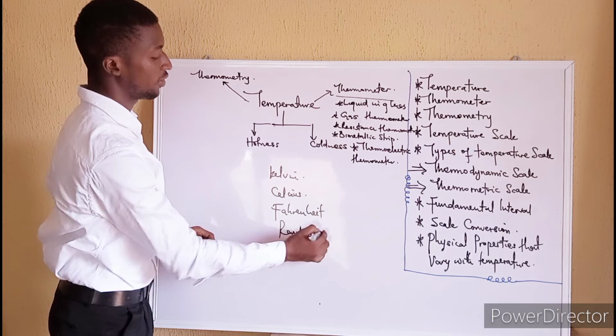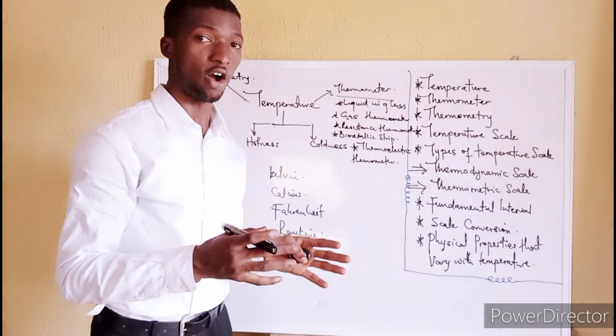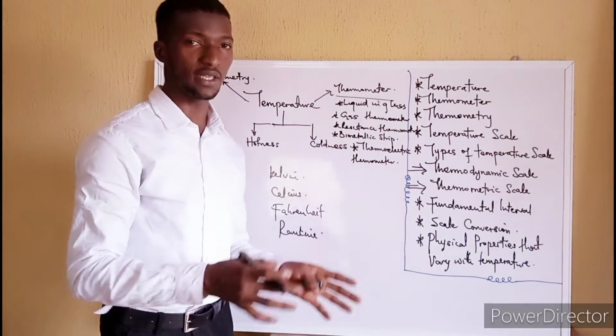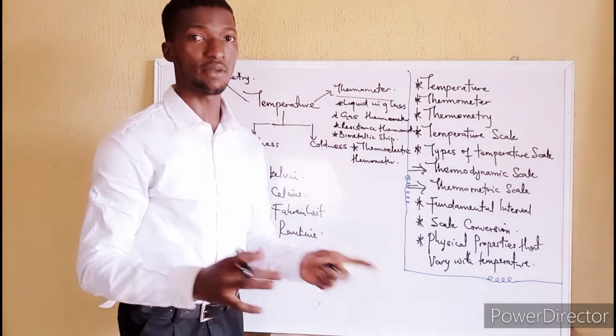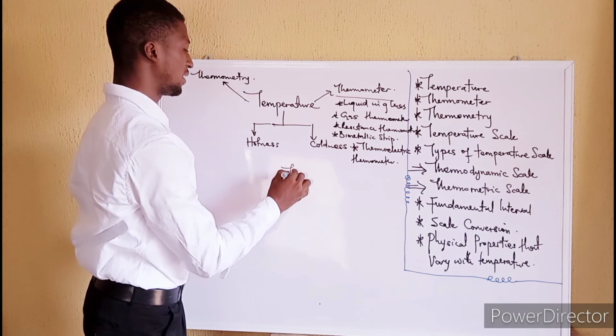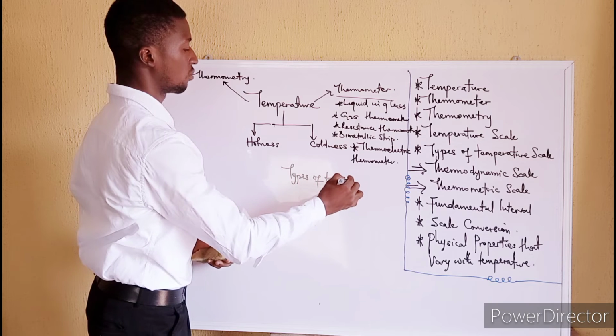So these are different temperature units that may be applicable. We use these units to design different types of temperature scales. So let's look at the types of temperature scales.